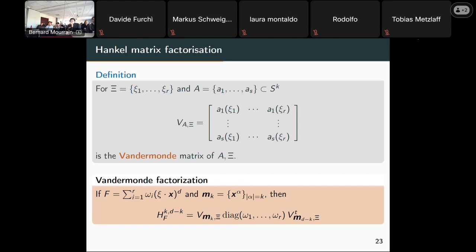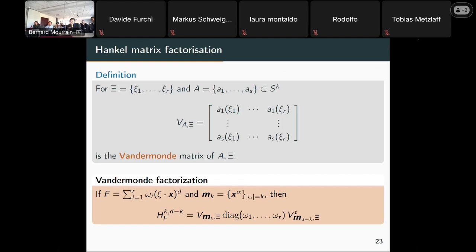When the Vandermonde has rank r, which is the number of points, then we see that the matrix has rank r, and we can find a decomposition with Vandermonde and the diagonal matrix.